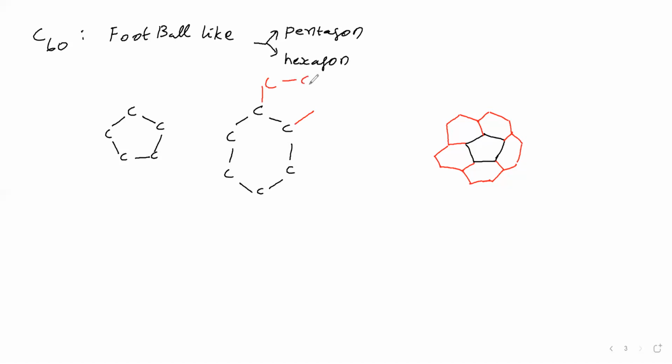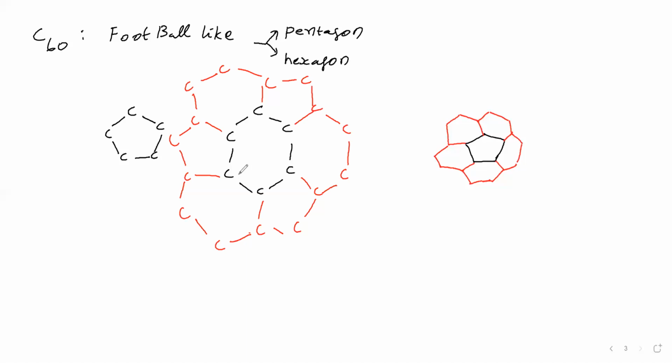Here 5-membered. That means next 6-membered. Next 5-membered. Next 6-membered. Next 5-membered. Next 6-membered.